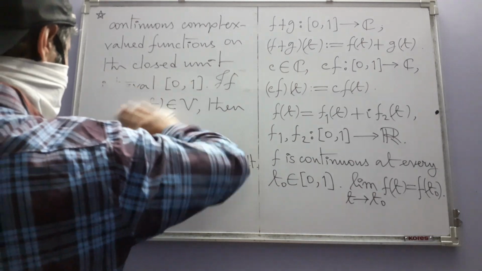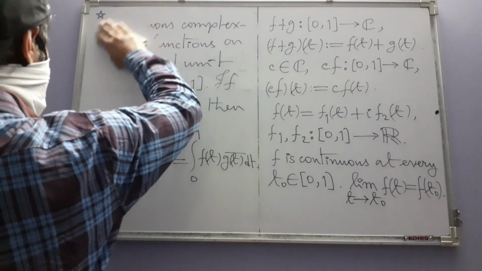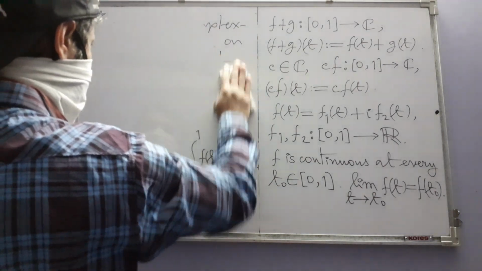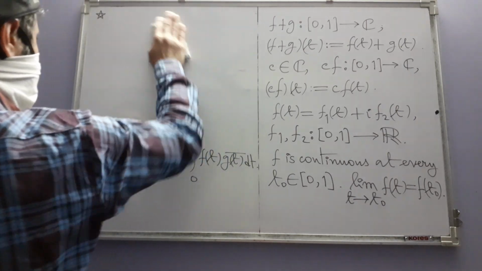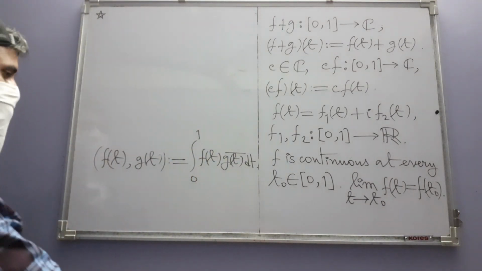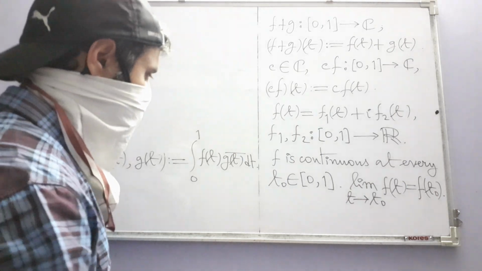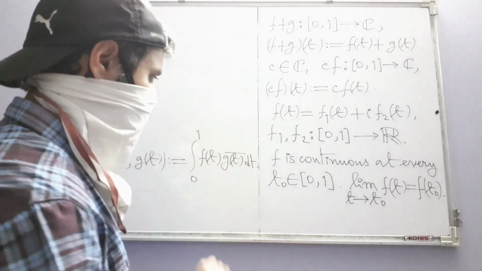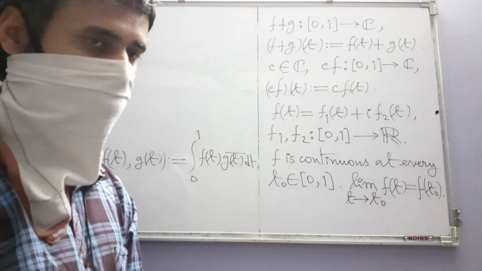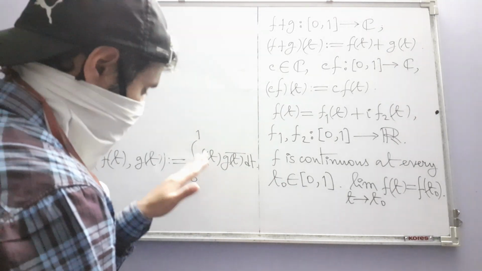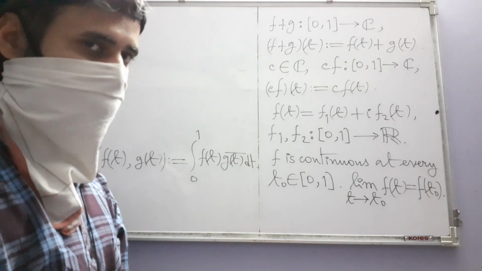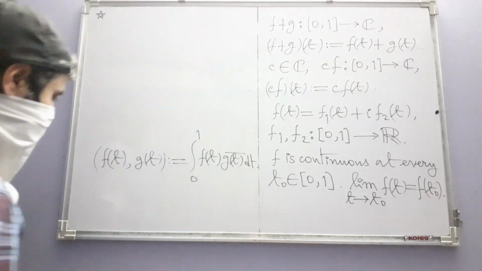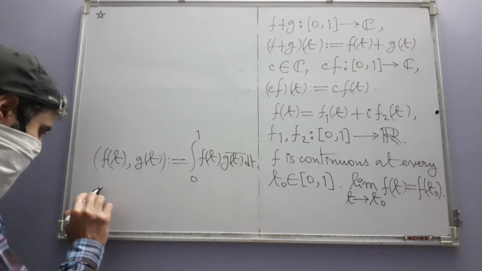So, what does that involve? Note that the definition involves an integral. Now, what does this integral itself mean? It has its own meaning, and that meaning also comes from complex analysis.